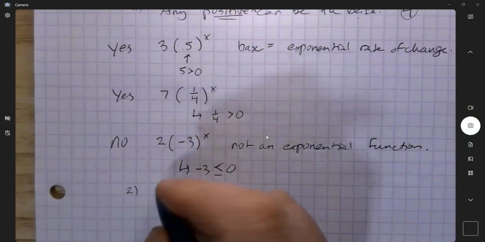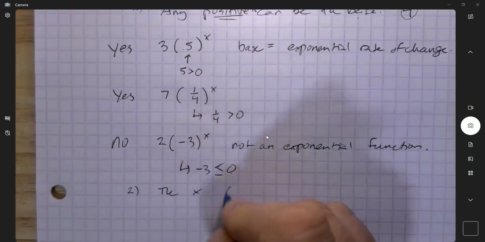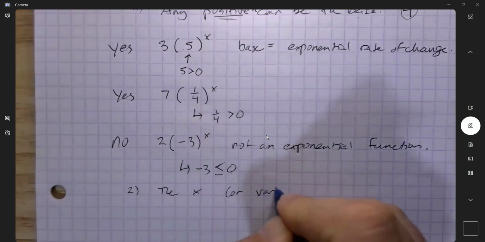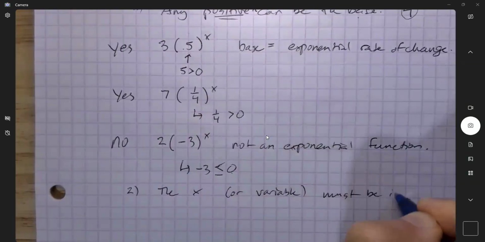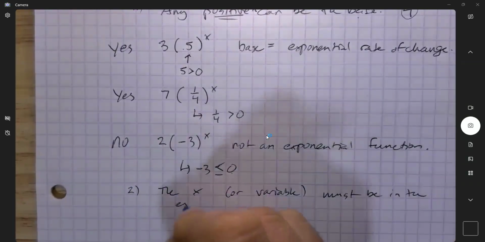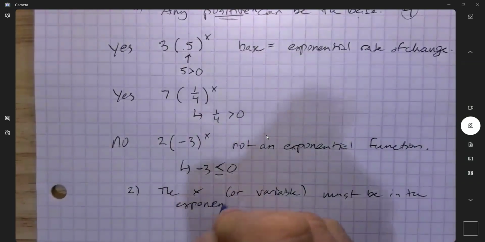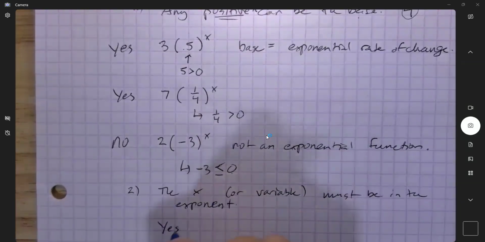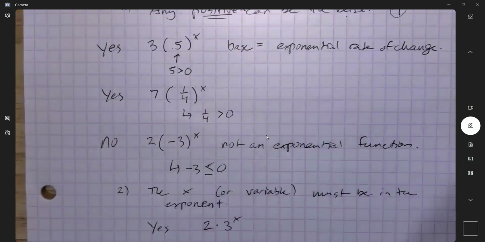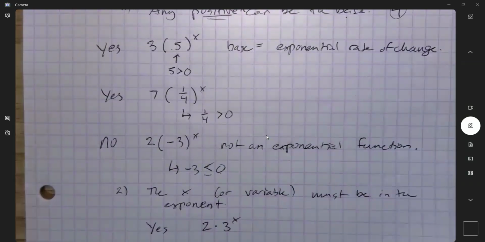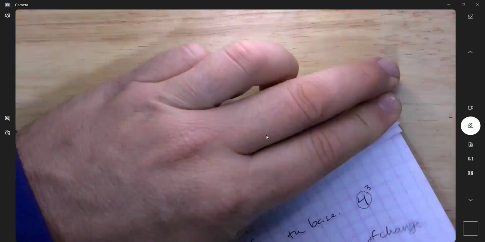Rule 2, the x, or whatever the variable is, must be in the exponent. So 2 times 3 to the x, yep, that's fine, because x is in the exponent.